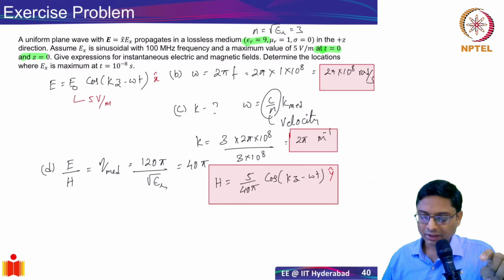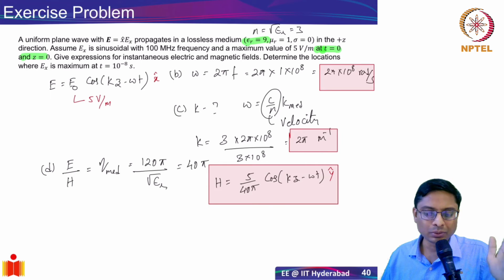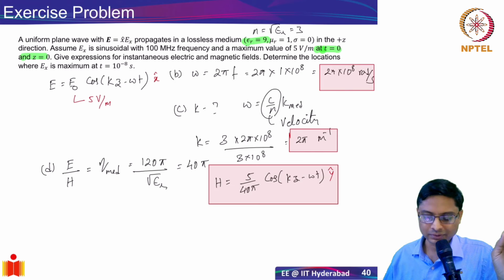The last part is to determine the locations where Ex is maximum at t equal to 10 power minus 8 seconds. Well, the electric field is given by a cosine expression.